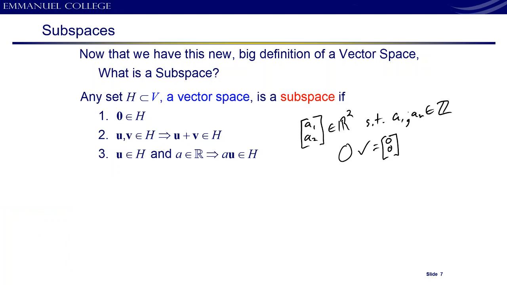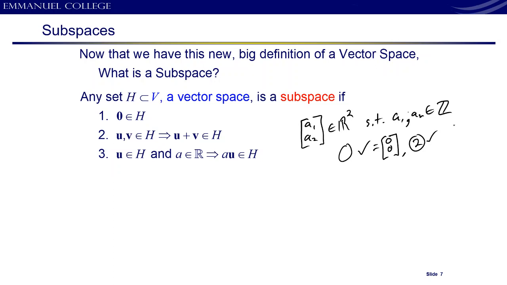Because technically, natural numbers are counting numbers, so 1, 2, 3, 4, 5, and so on. So let me make this a little bit more specific. Can I add two things together and stay in the subspace? Yeah, it doesn't matter if I add two integers together, I'm still going to get an integer.